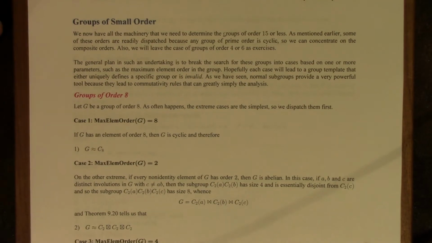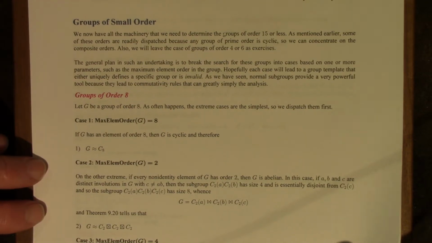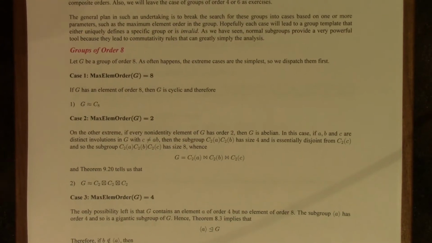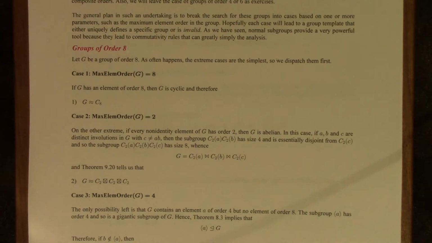So, here we go. The first order that is not prime and is not 4 or 6, the ones I left for exercises, is groups of order 8. So let G be a group of order 8. As is often the case, the extreme cases are the simplest to deal with, so let's look at them.